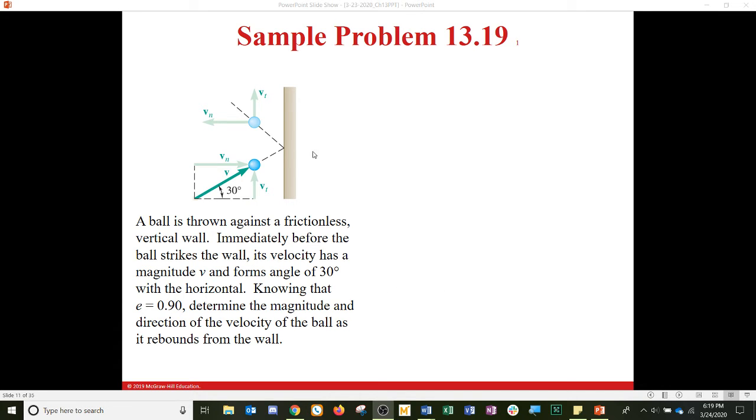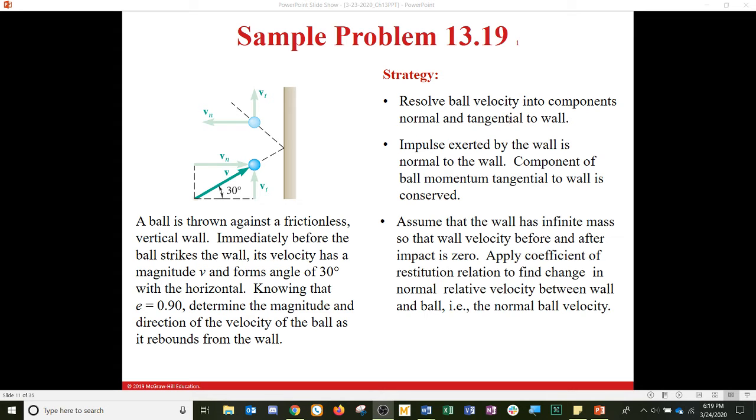And this is a sample problem. So we throw a ball against a wall, and what we have is the velocity in the direction of the line of impact, and we have a velocity that is in the opposite direction. We're given an angle and a coefficient of restitution, and so we're going to have to resolve into components, and this last piece is an interesting piece that might make you scratch your head a little bit.